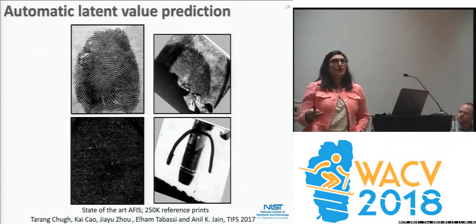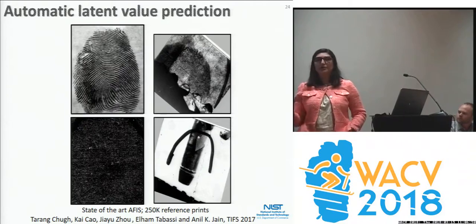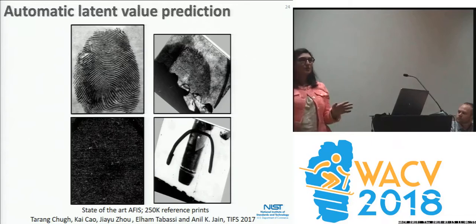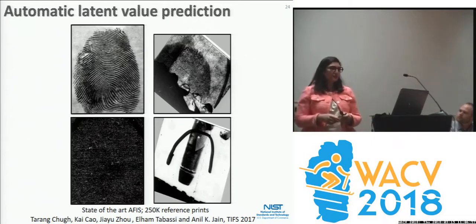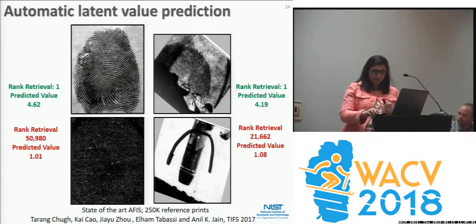What we have done on latent fingerprints: the first thing, again, going back to garbage in, garbage out, with latents the majority of the qualities are low. So the first thought that came to us is that if we can measure the information content of the latent the way we do it for fingerprints, then we can do some triage and use the algorithm more efficiently or deploy better enhancement techniques.